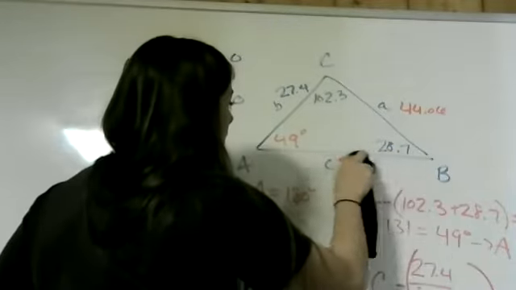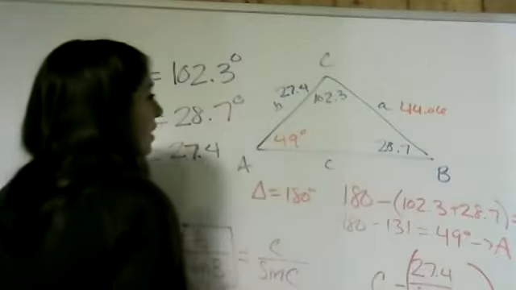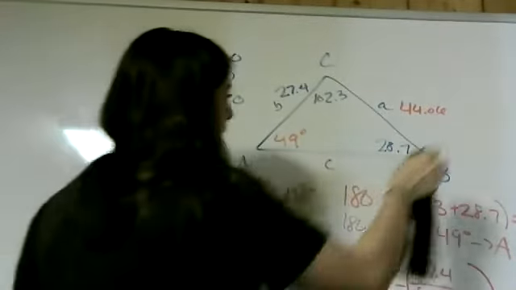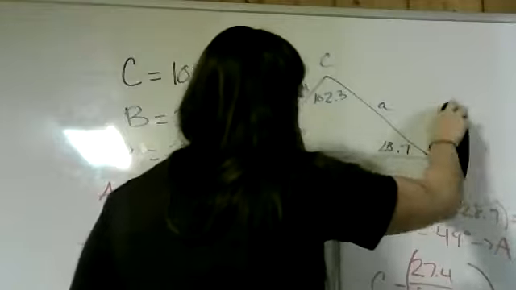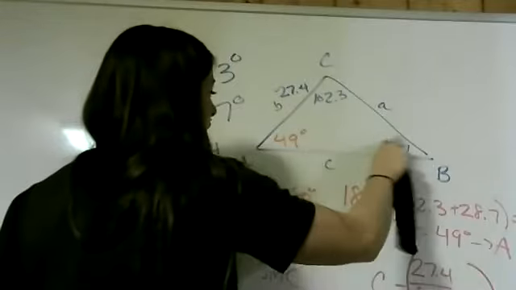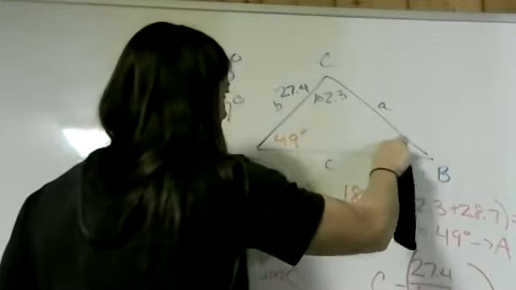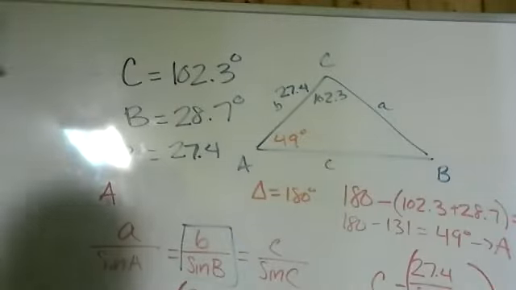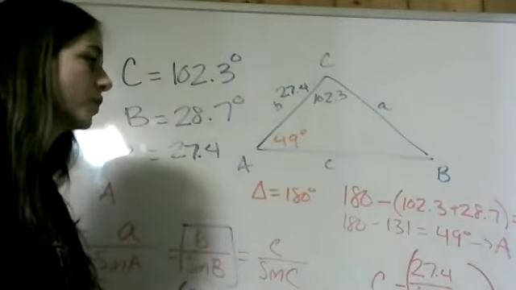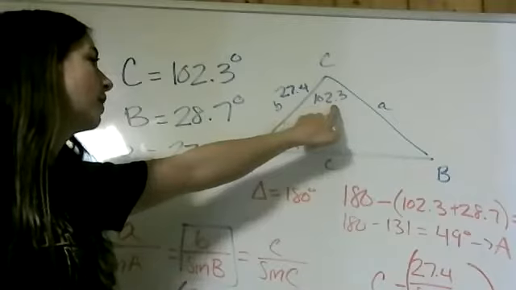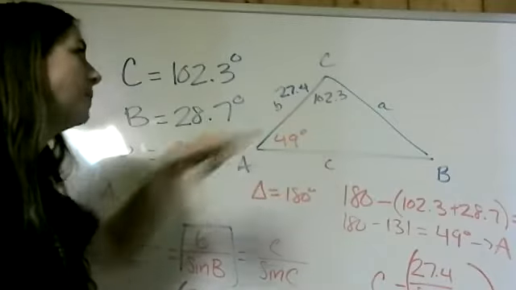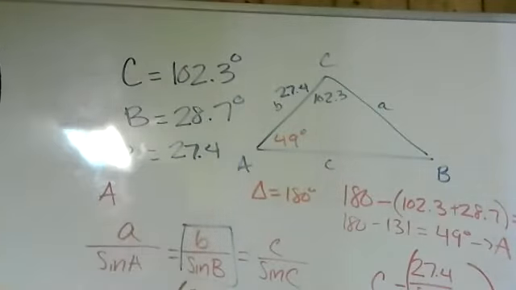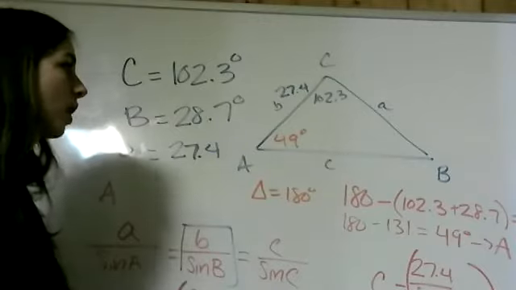What if I was given a B side length and what if I was given the following measurements when I asked you to solve the triangle? I gave you a C angle measure, an A angle measure, and a B side length.